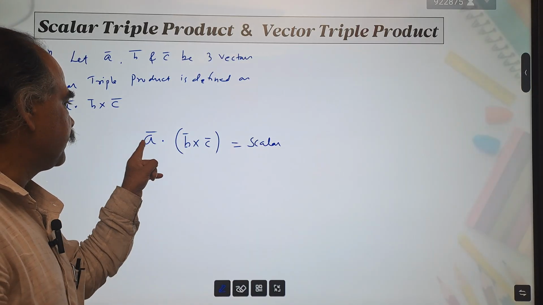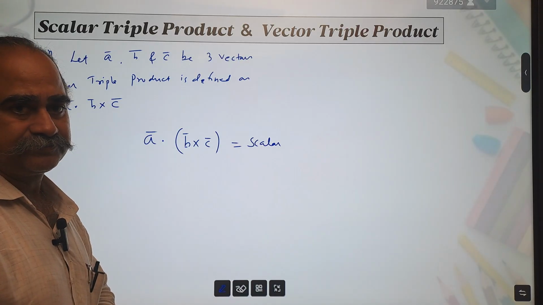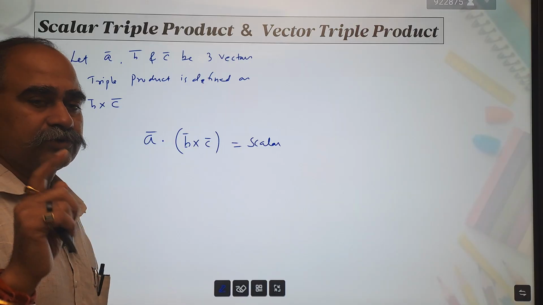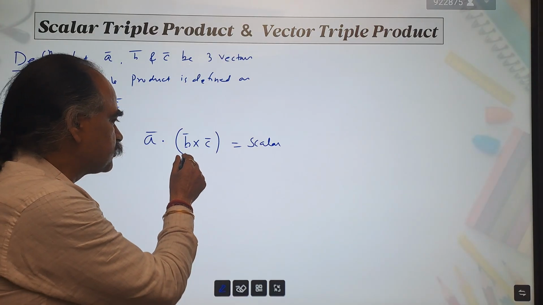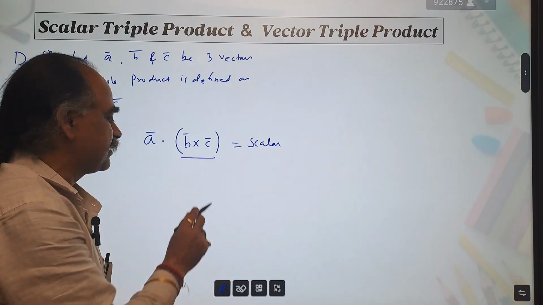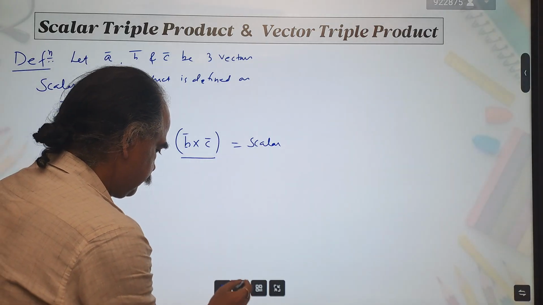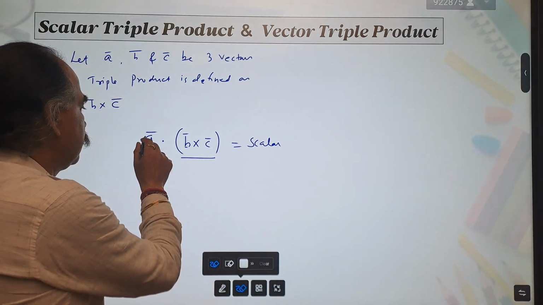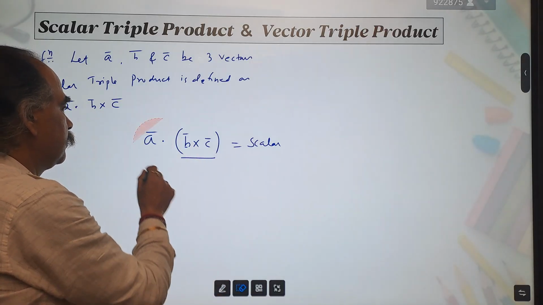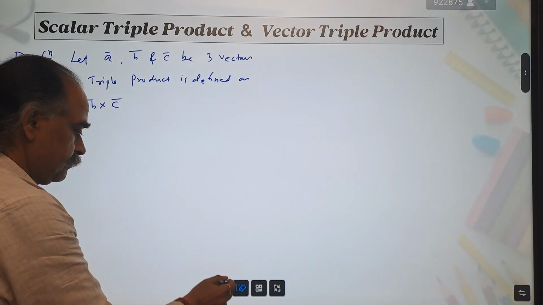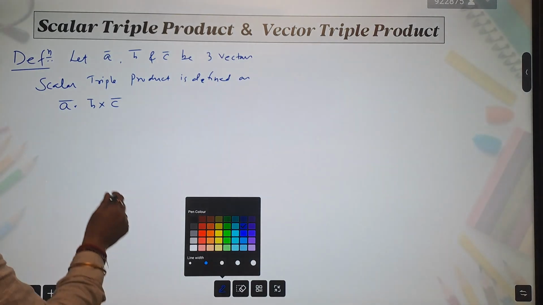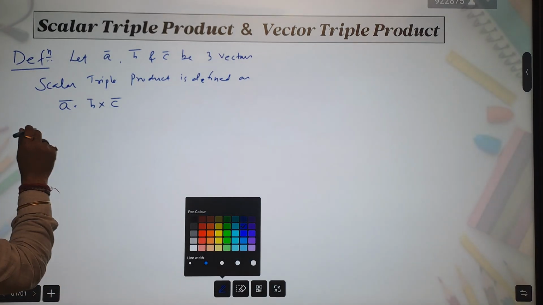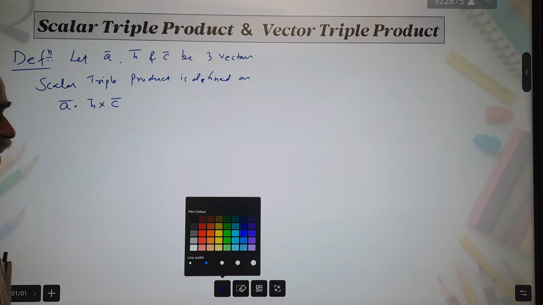Why triple? Because we are using three vectors. So don't forget, first we have to take cross product and then we'll take dot product. So some theorems are there.